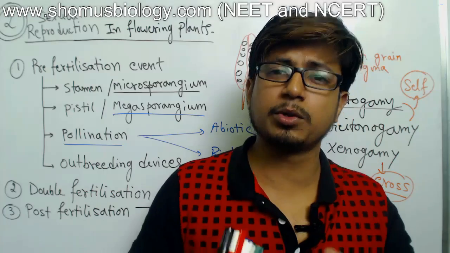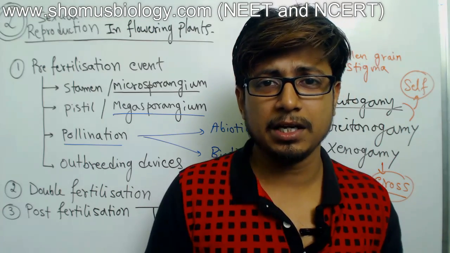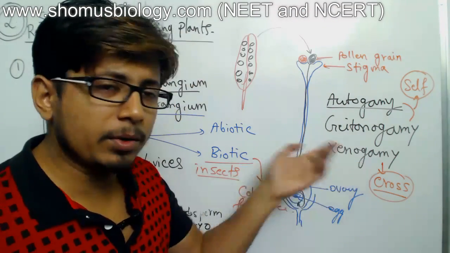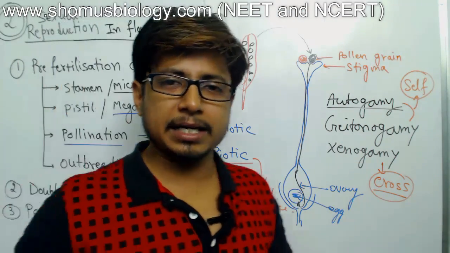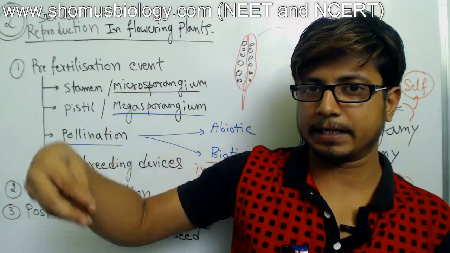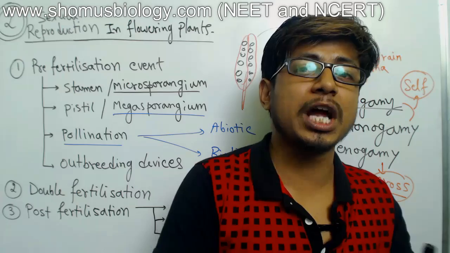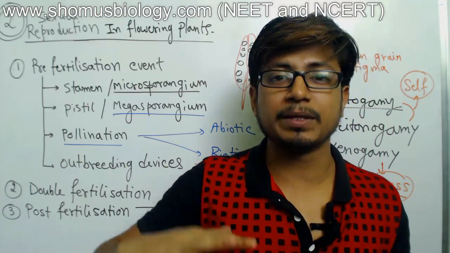So it's not going to change. So it's going to produce genetically identical plants. But with xenogamy, there is a chance that a different feature from a different plant is transferred to the other plant. So the offspring may have more chance to be a little different from the parents.